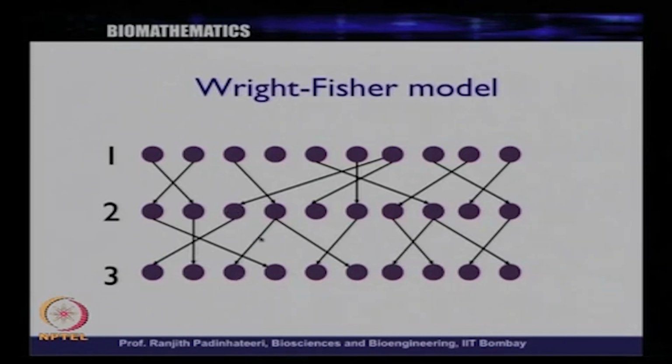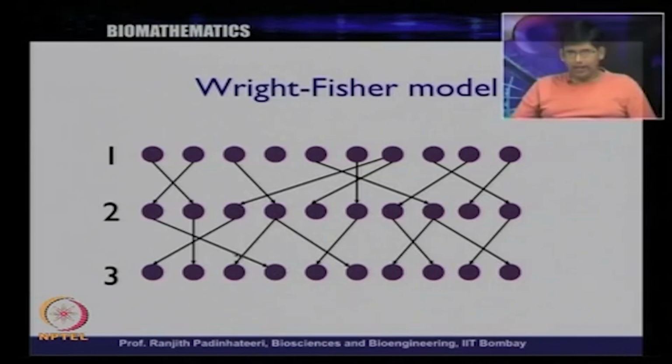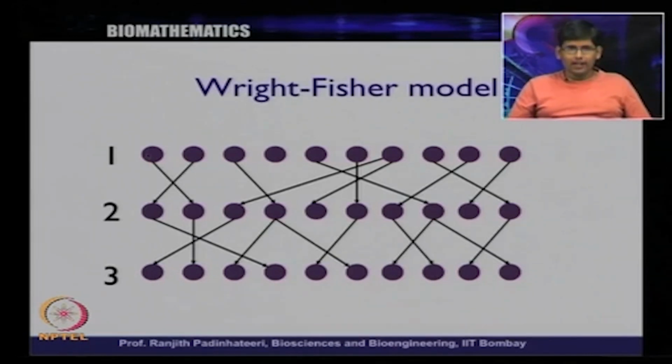This individual chooses its parent randomly, this one has this parent, again random, and this individual has this particular parent, again randomly chosen. In exactly the way we went from 1 to 2, we can go from 2 to 3 and so on and so forth.